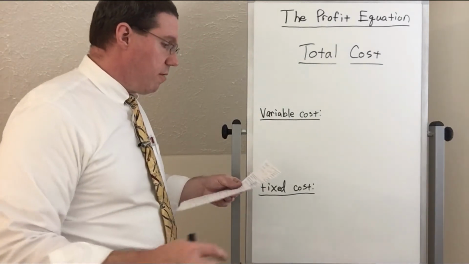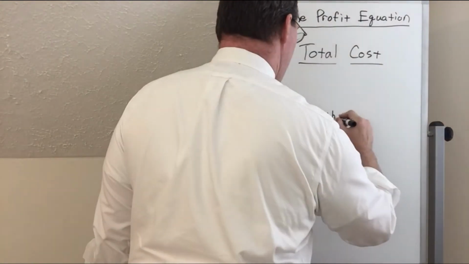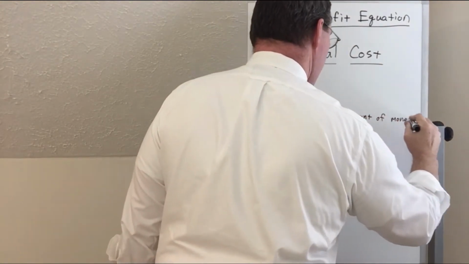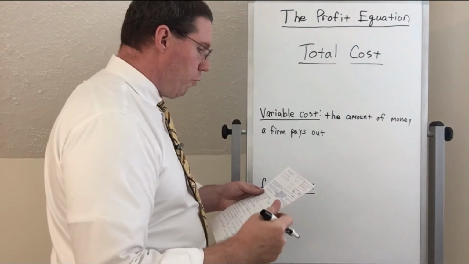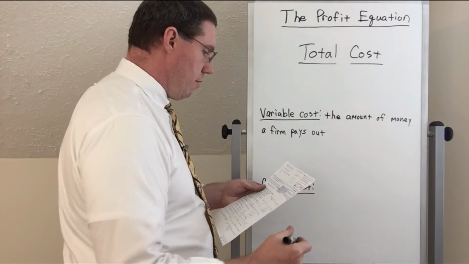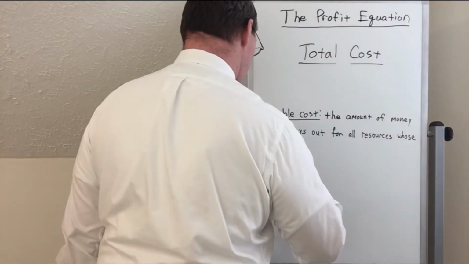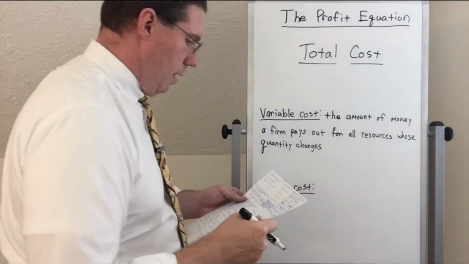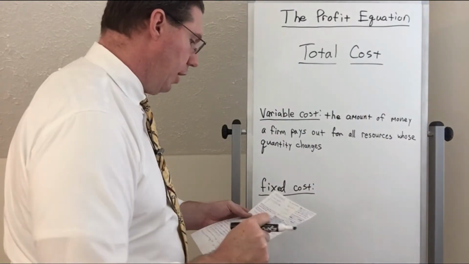So variable cost is the amount of money a firm pays out for all resources whose quantity changes as the firm's production quantity changes.